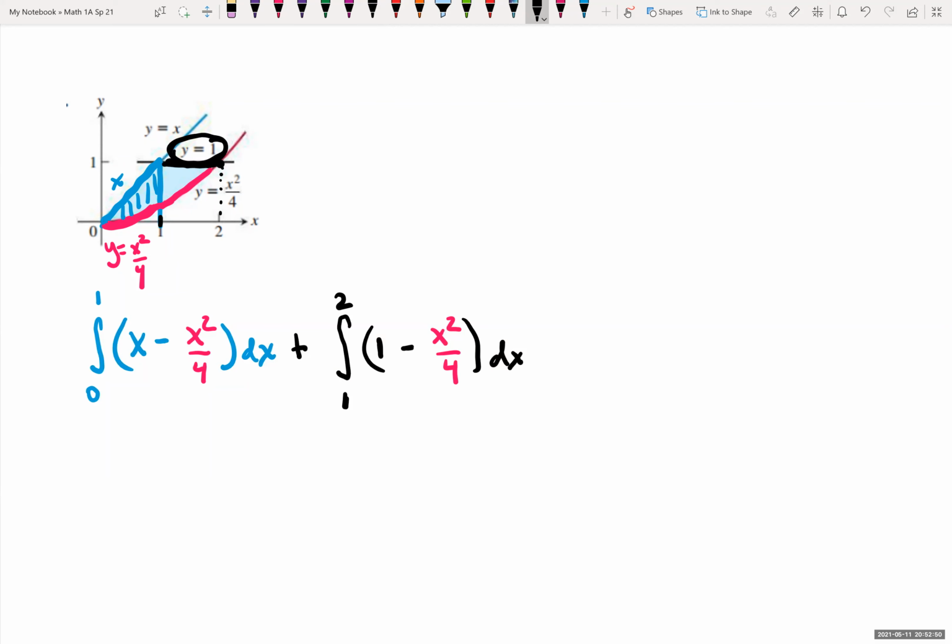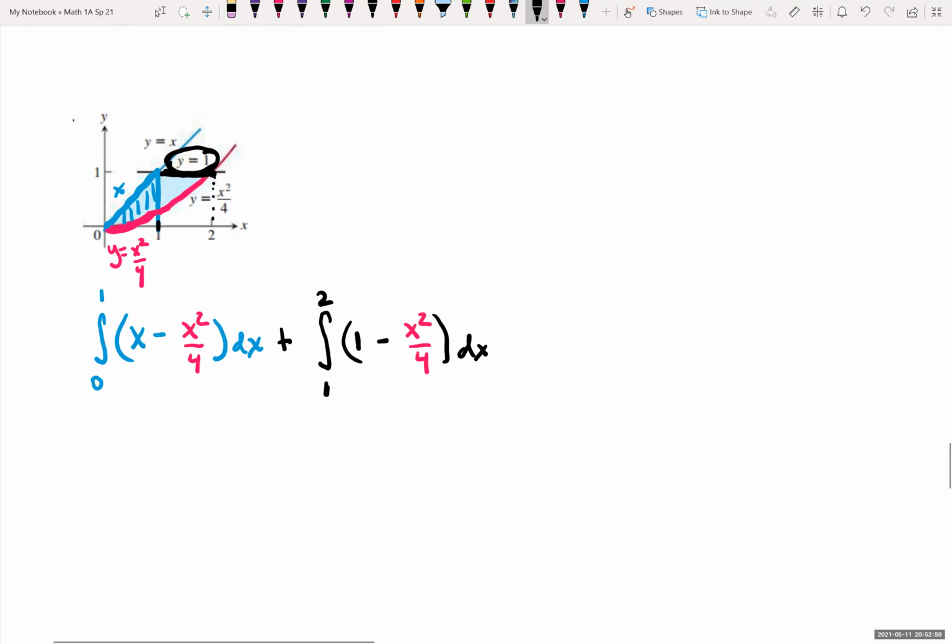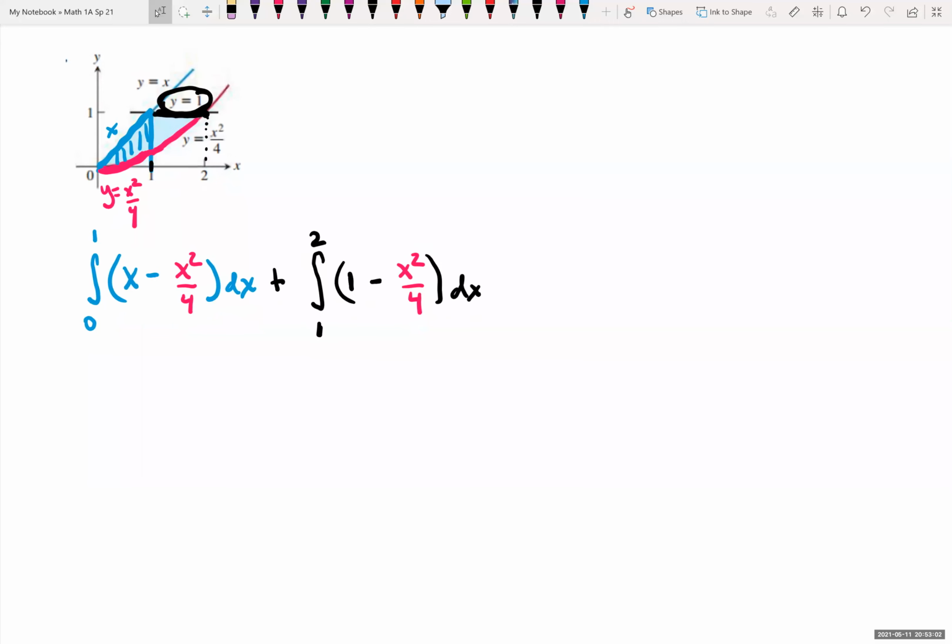And so we can find the area by breaking that down, looking at those definite integrals and summing them. So let's go ahead and do that.